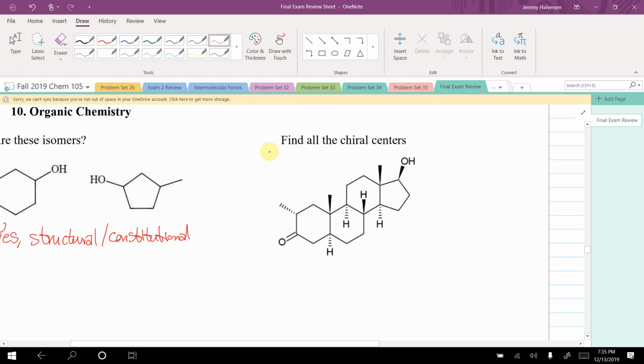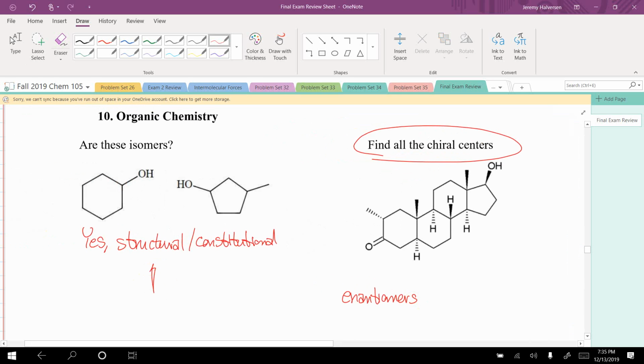All right, so now let's find all the chiral centers. So what types of isomers have chiral centers? Are enantiomers connected differently?